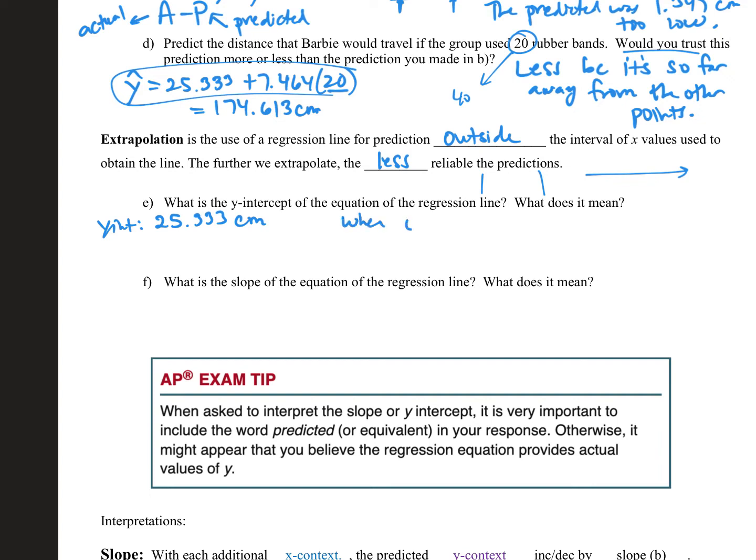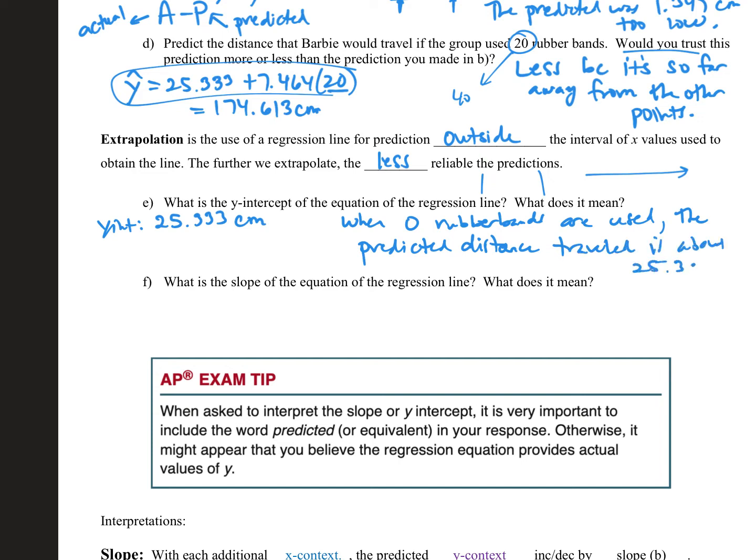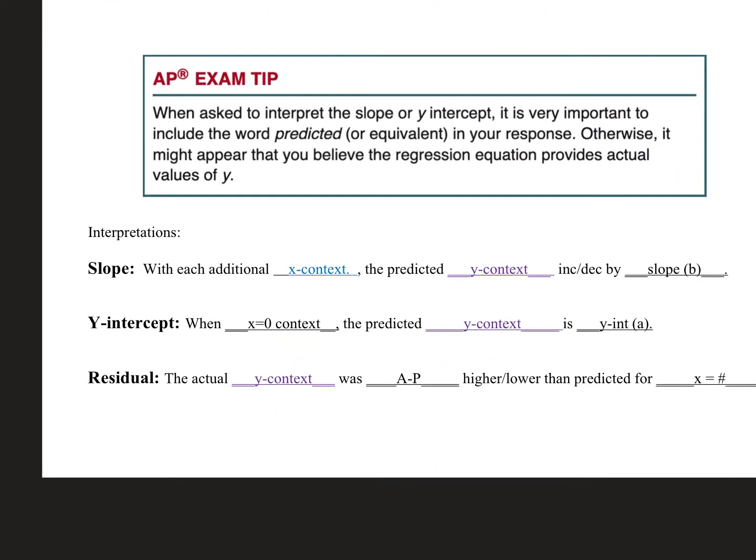When 0 rubber bands are used, the predicted distance traveled, there's that word again, is about 25.3 centimeters.